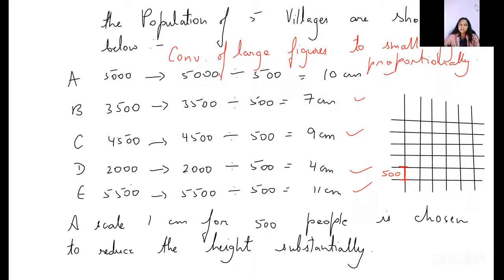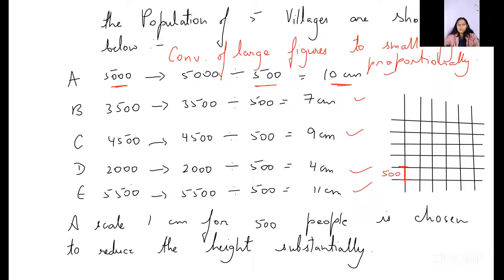So we got the proportionate height. This 10 centimeter, and this 10 centimeter for 5,000 is the same. But proportionally we obtain this by dividing by 500 because we assume that 1 centimeter is for 500 people. Okay, got it now?